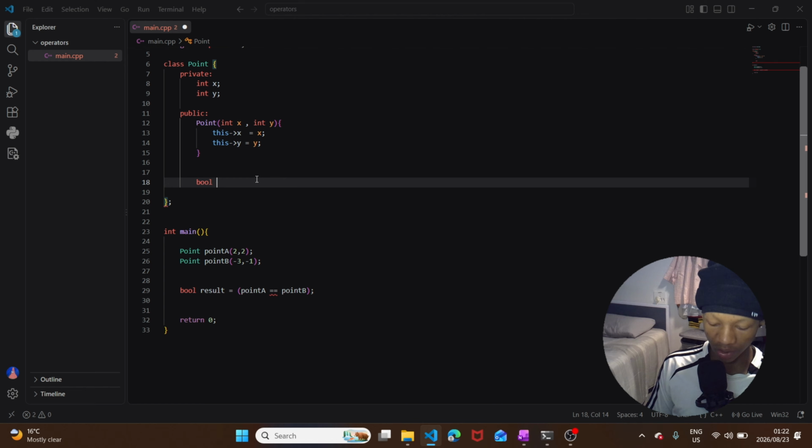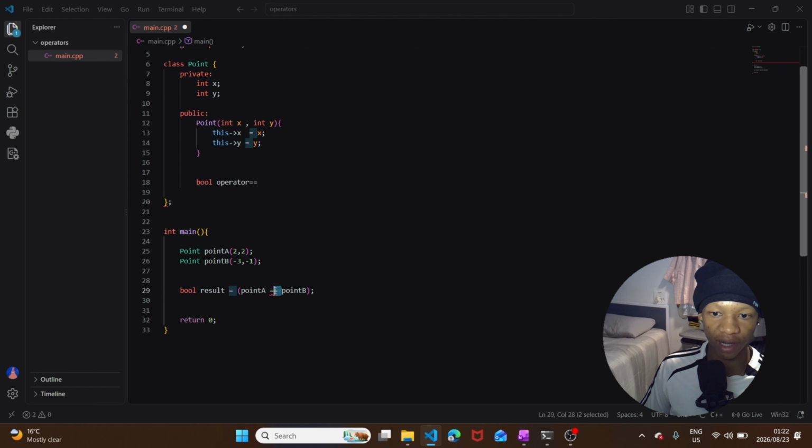So how we go about doing this, we're going to say operator, and then the operator that you want to define. In this case, we want to define the comparison operator. We'll see in a second how we can define other operators, but for now we want to define this operator.